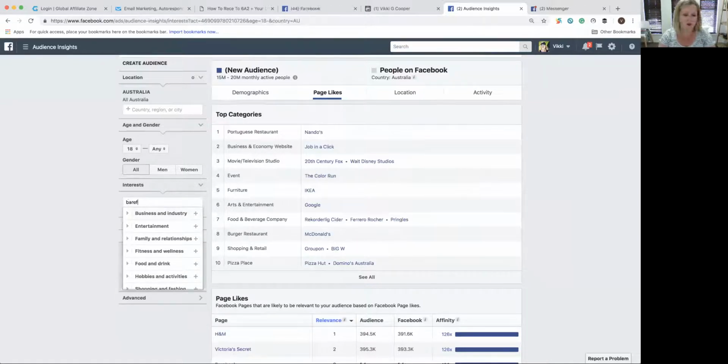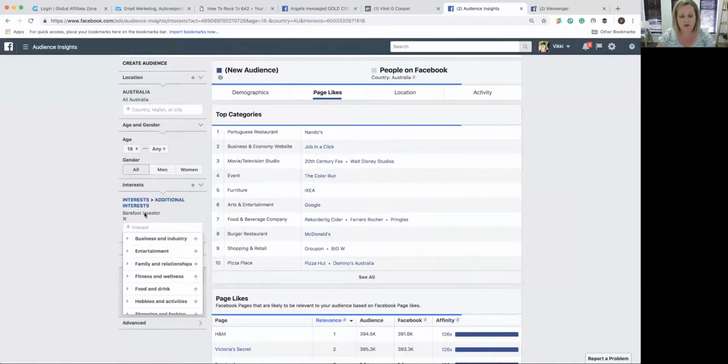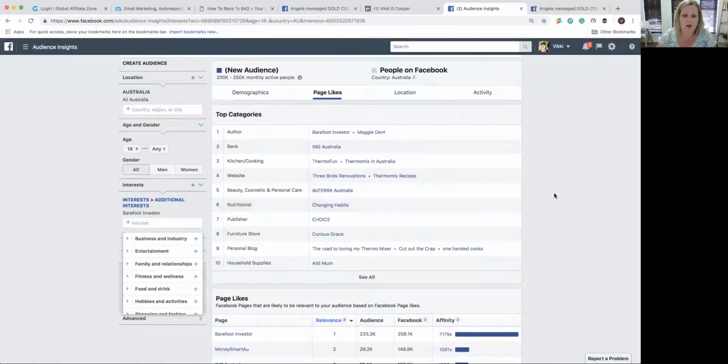And if you're just targeting women, you could do these for women as well and see what the demographic of men to women is that actually like these interests too. So say, for example, Barefoot Investor, we've got 200 to 250,000 monthly active people. So that's a really good interest to target for your Facebook advertising.